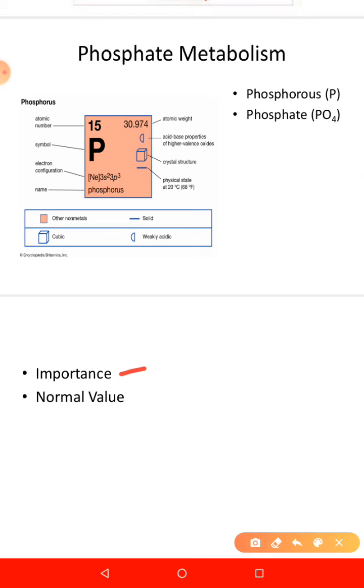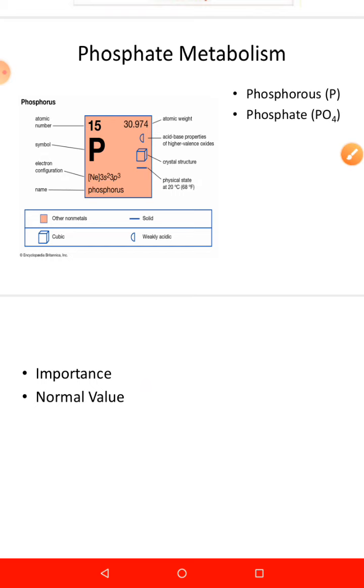We know that the normal level of pH should be in the range of 7.35 to about 7.45. So phosphates are important also as buffers. They prevent fluctuation of blood pH.